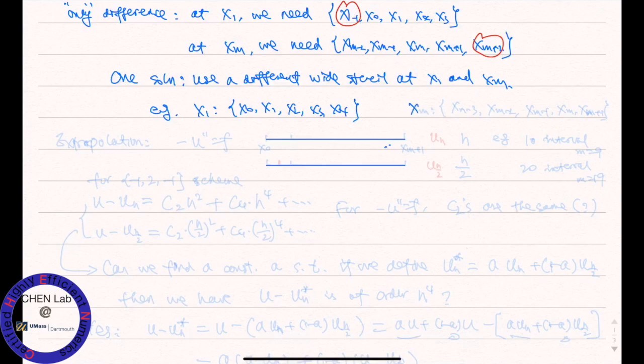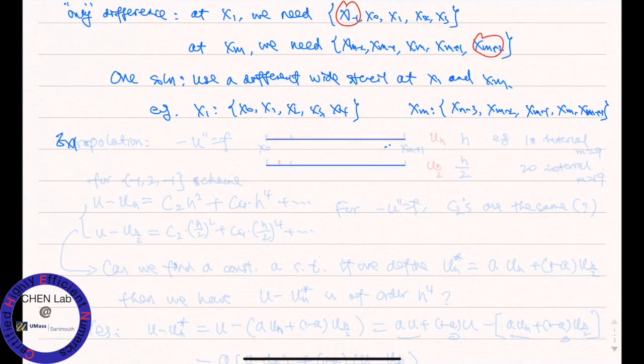And at xm, we can keep xm minus 3, xm minus 2, xm minus 1, xm, xm plus 1. So it's the two endpoints, not the two endpoints of the domain, but the two endpoints of where we need to solve for the u. We would have to use an asymmetric stencil. For those, you can again call the FD COEFFV to figure out the scheme.